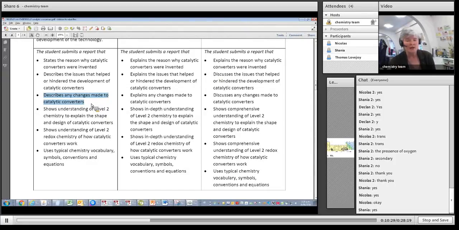The three-way really has an oxidation and a reduction chamber, whereas the two-way didn't. And that was to get rid of more poisonous substances that were being churned out by the exhaust. Then, as I say, this here shows understanding of the shape and design.